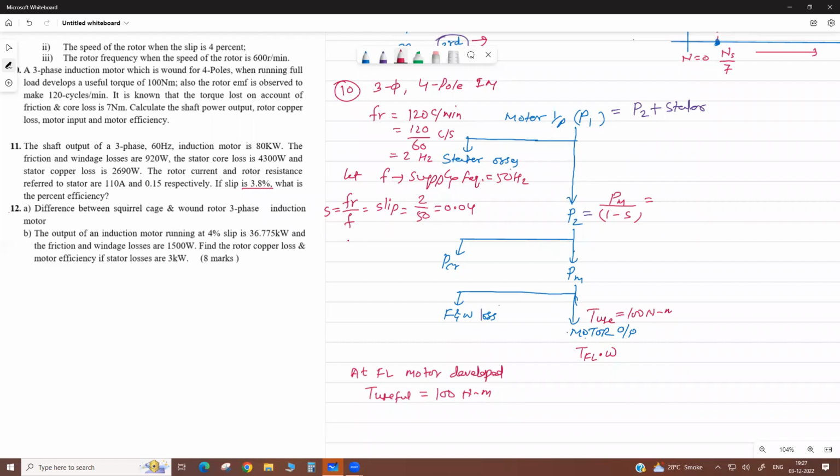When we get a slip, then we can calculate the motor speed, rotor speed. So your synchronous speed with 50 hertz, 4 pole, comes 1500 rpm. N equals Ns into 1 minus slip. So this will come 1440 rpm. Please remember.